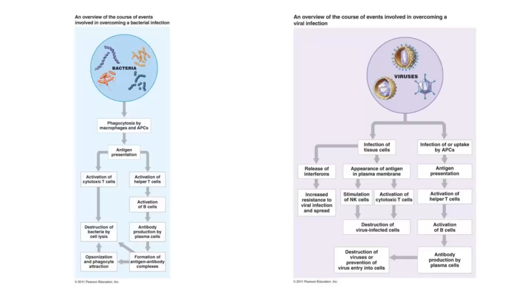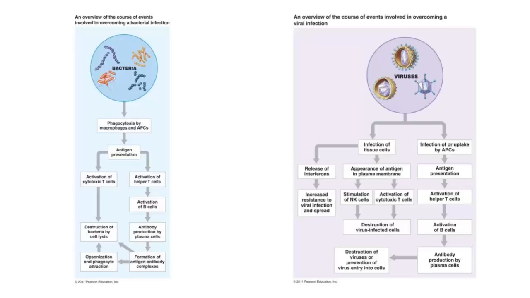So these flowcharts side by side, the blue one on the left is all about bacteria and how bacteria invade the cells and then how the immune system responds to it. And then the violet one, the mauve one, is all about how viruses infect the cells and then how the immune system responds to it. And you can see they're different.